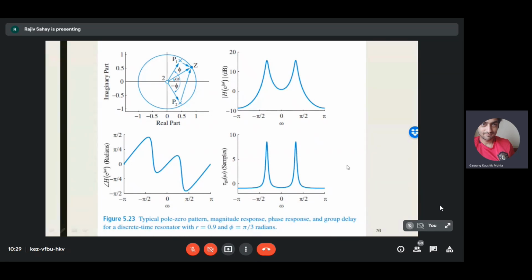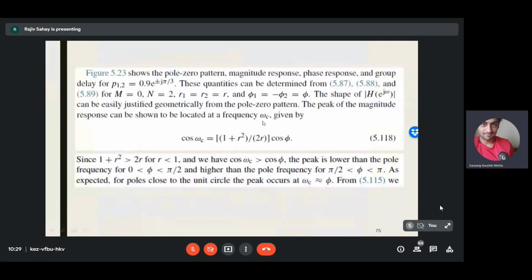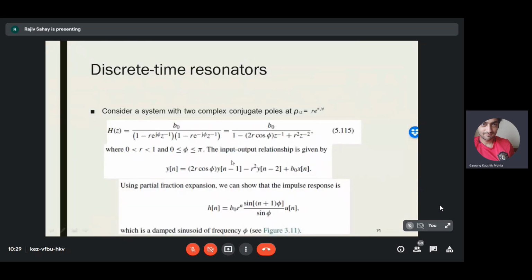So let us go back to the example. The peak of the magnitude response can be shown to be located at this particular frequency omega c. This can be calculated by looking at the magnitude response equation.